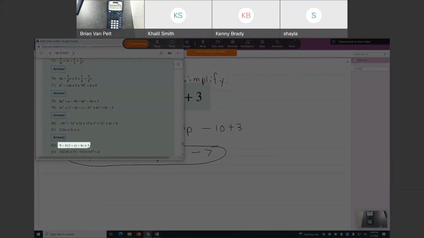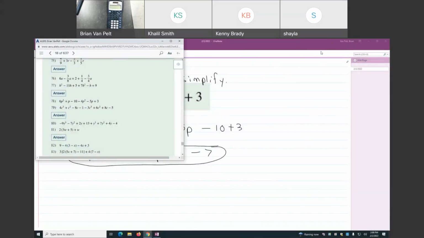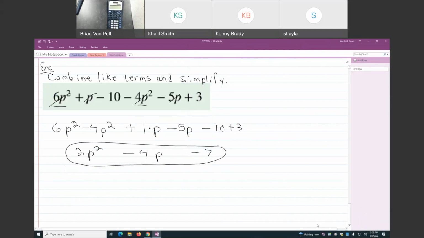All of these are the same things. Simplify by combining like terms.